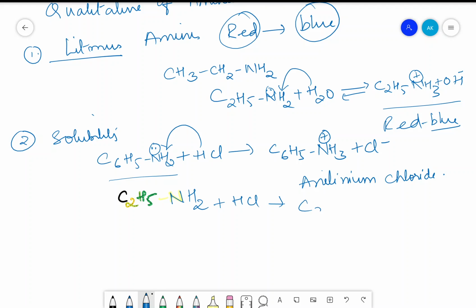It gives C2H5NH3 plus Cl minus. No need of writing the plus separately, it will be included in the structure itself, so it will be called ethylammonium chloride.